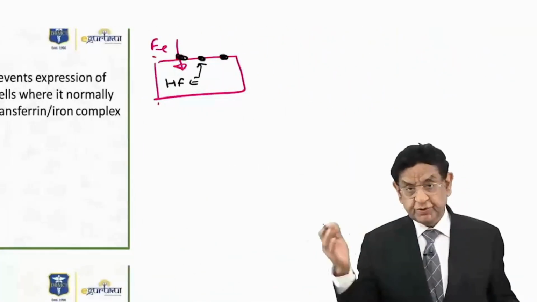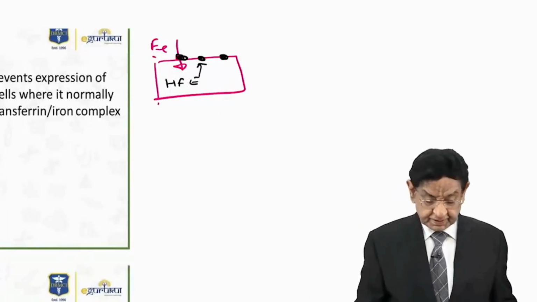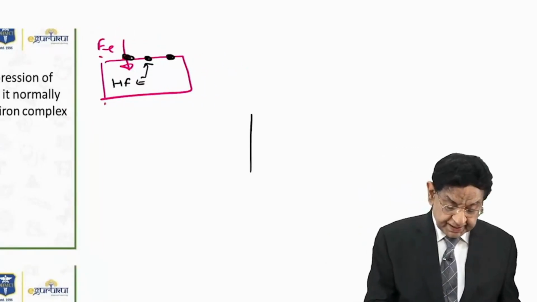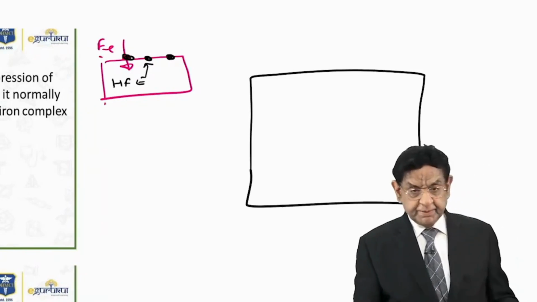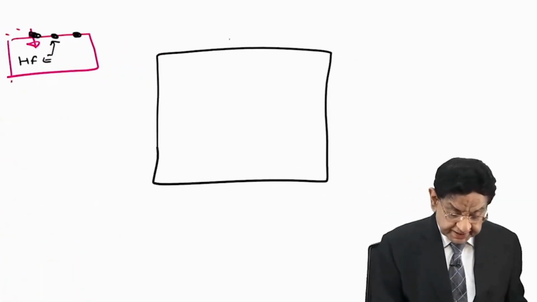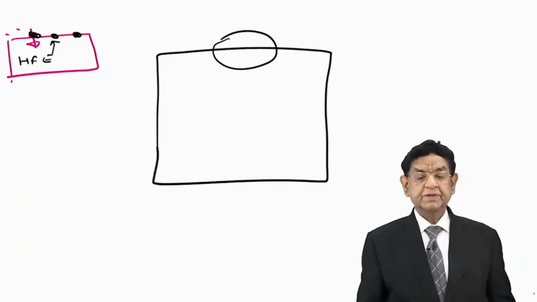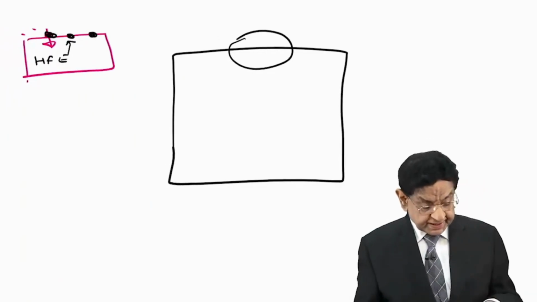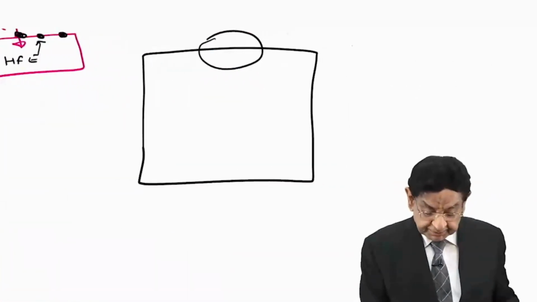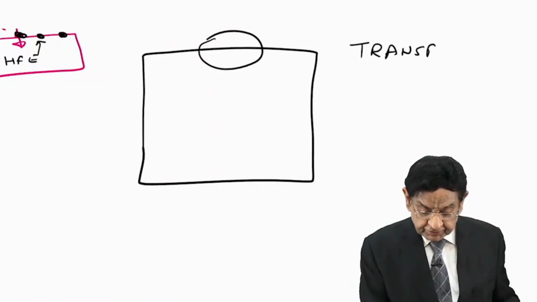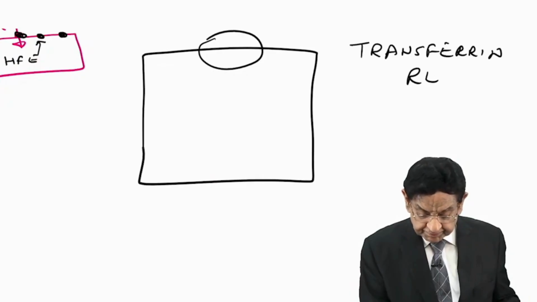I can give you a better example. We have a big building. In the big building there is a gate. The name of the gate is transferrin receptor.